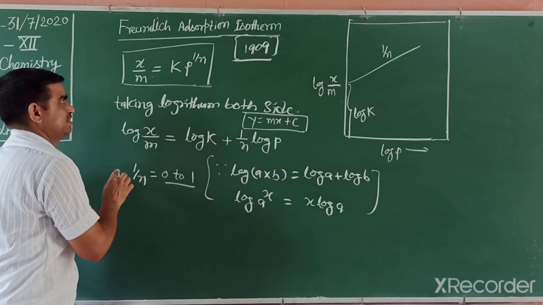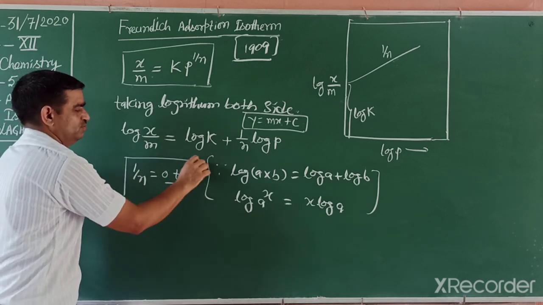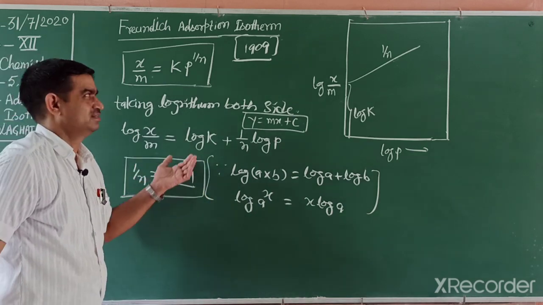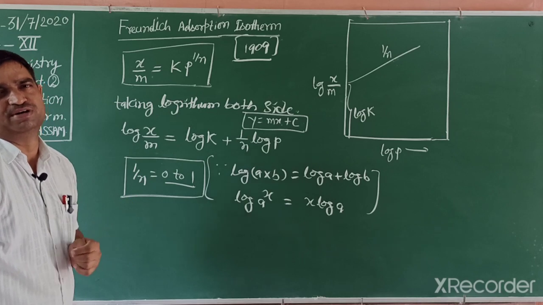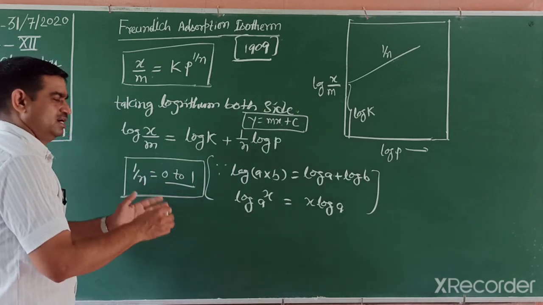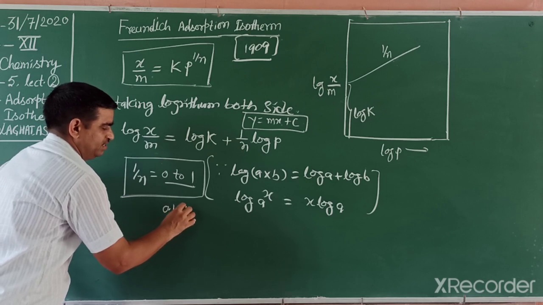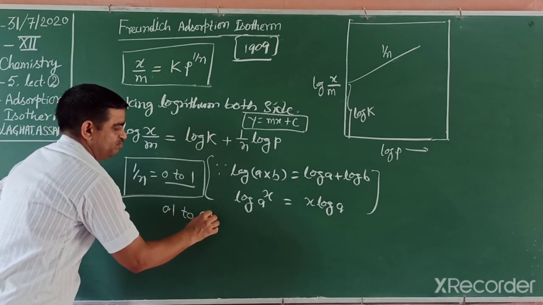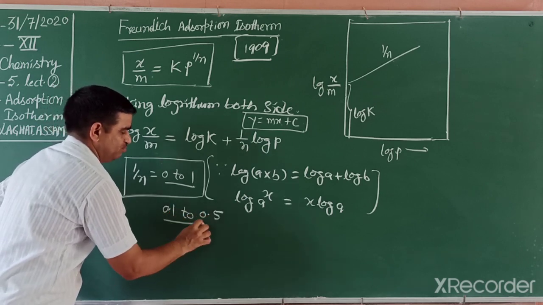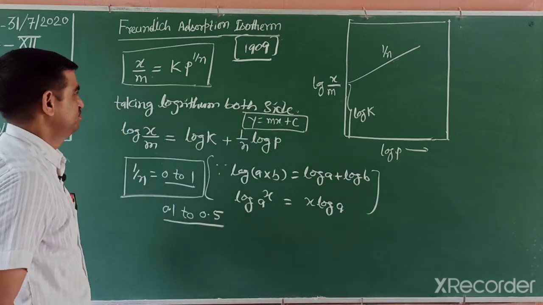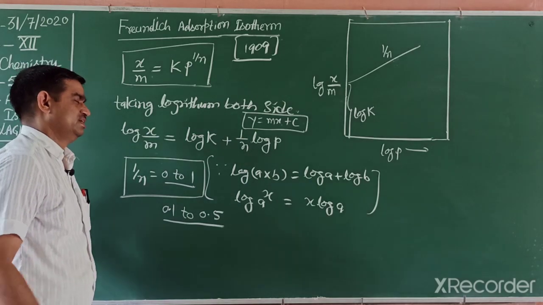This comes many times; once CBSE asked what is the value of 1 by n? 0 to 1. And the most probable value is between 0.1 to 0.5, that is the most acceptable value, 0.1 to 0.5.